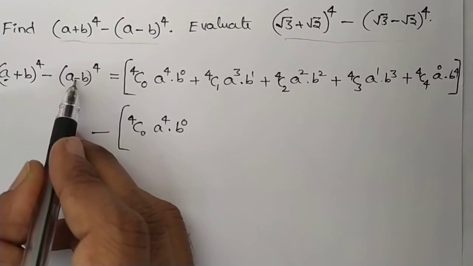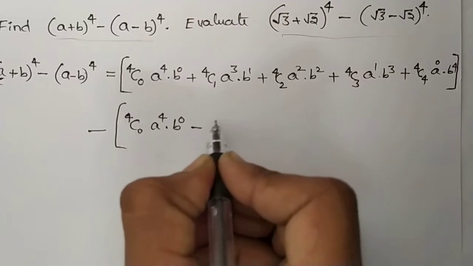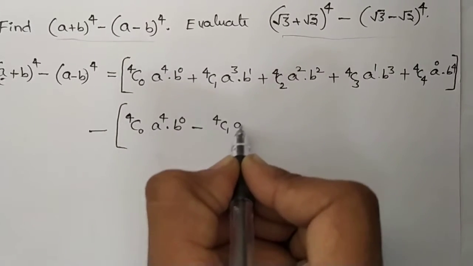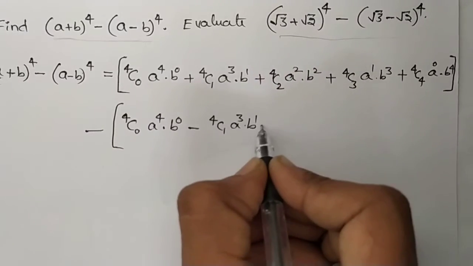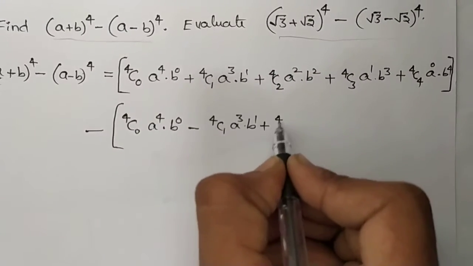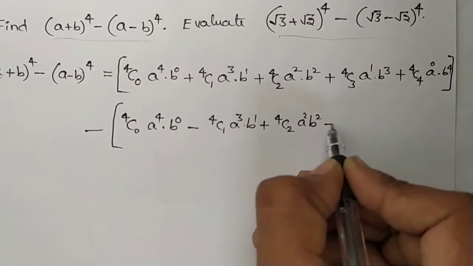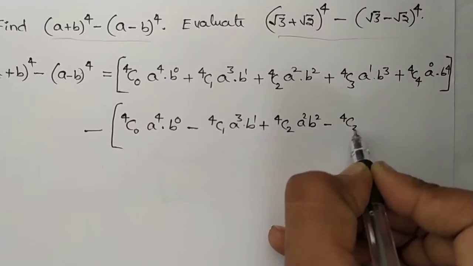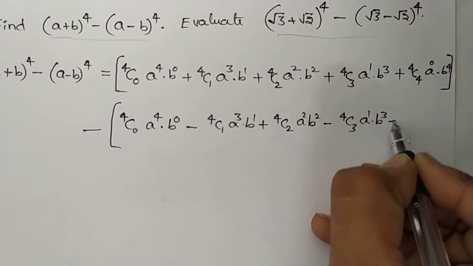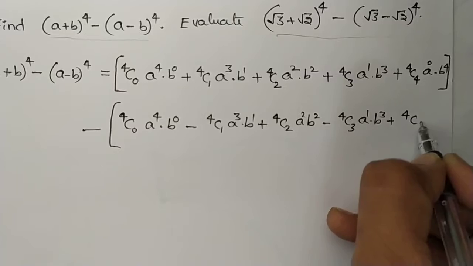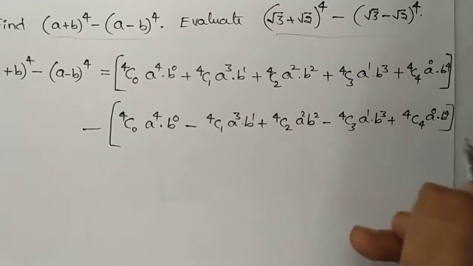In this we have minus, so 1, plus then minus 4C1 a^3 b^1. Next minus, then it will be plus 4C2 a^2 b^2, plus then minus 4C3 a^1 b^3, minus then plus 4C4 a^0 b^4.